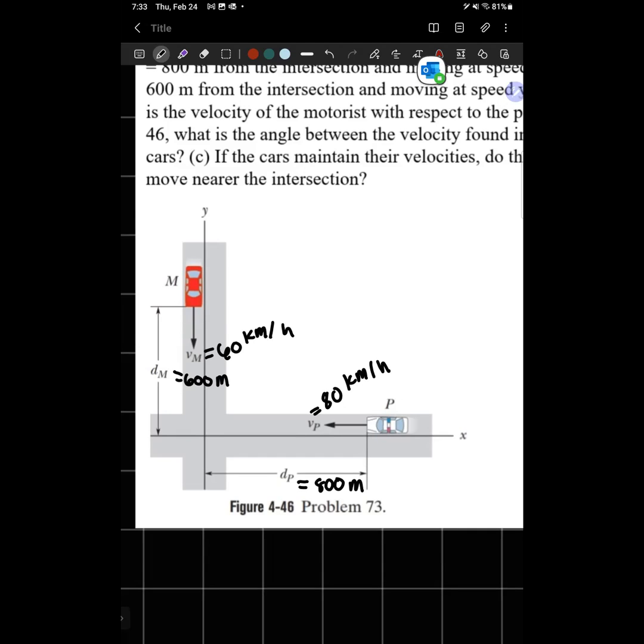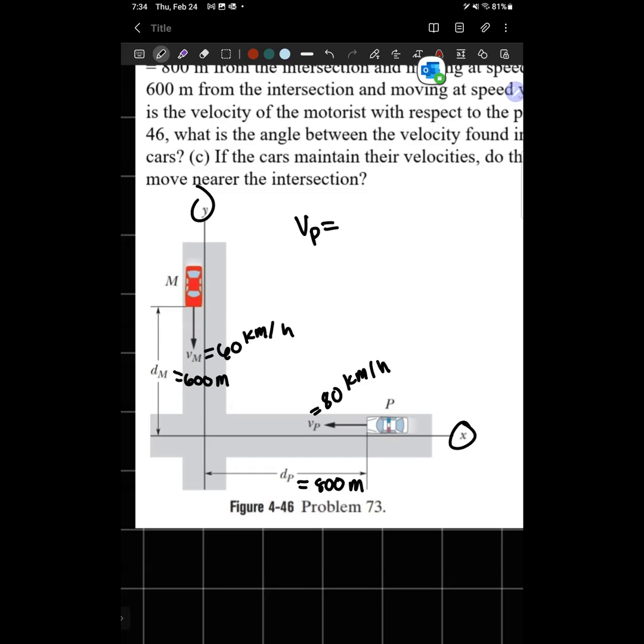Okay, I'm going to go ahead and set up all of my velocities in unit vector notation. This already has my axis set up.